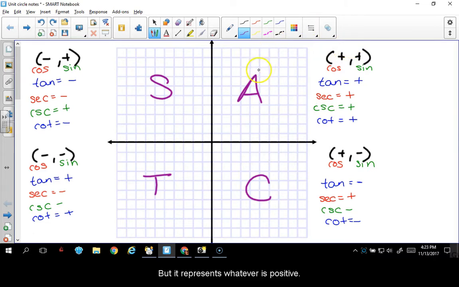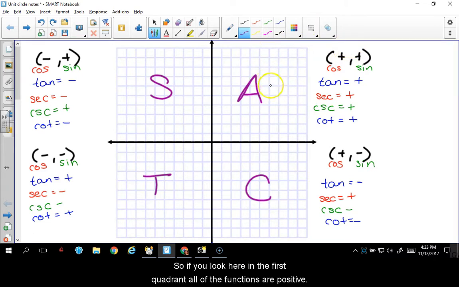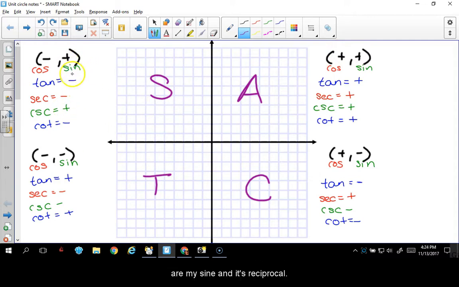But it represents whatever's positive. So if you look here in the first quadrant, all of the functions are positive. In the second quadrant, the only things that are positive are sine and its reciprocal. In the third quadrant, the only thing that's positive is tangent and its reciprocal. And in the fourth quadrant, the only thing that's positive is cosine and its reciprocal. So these are giving you your positives.